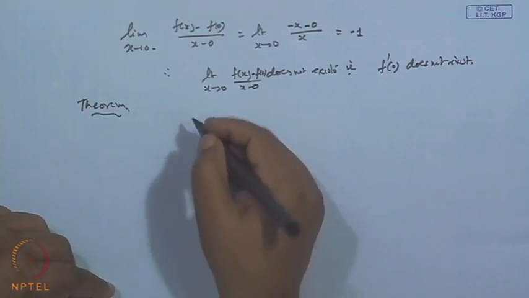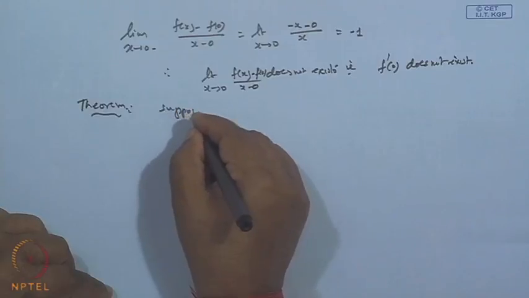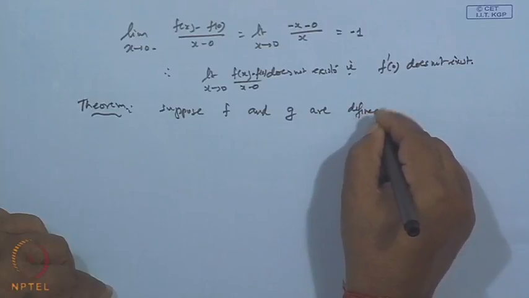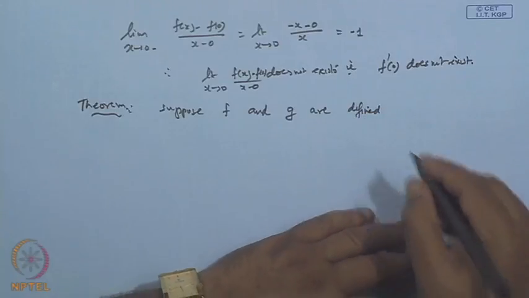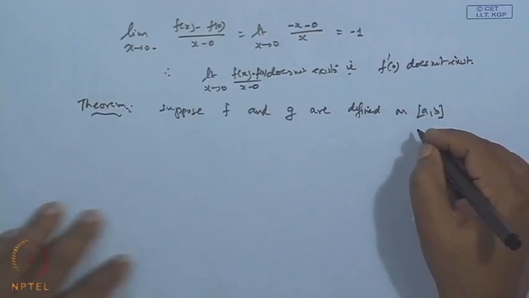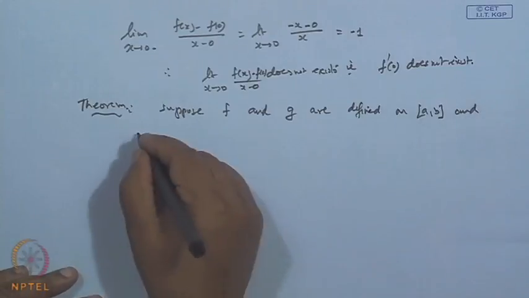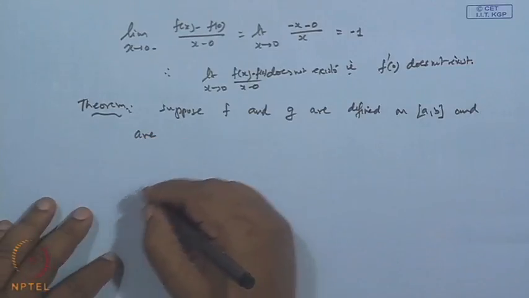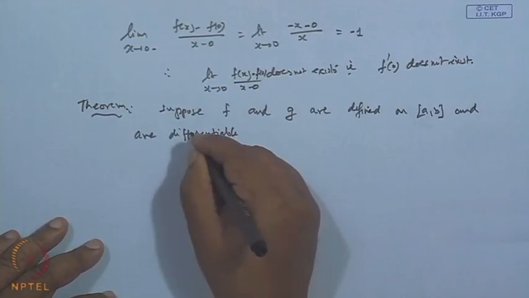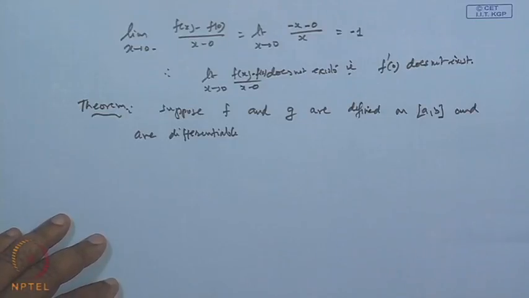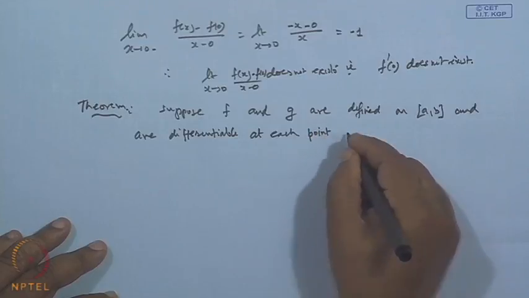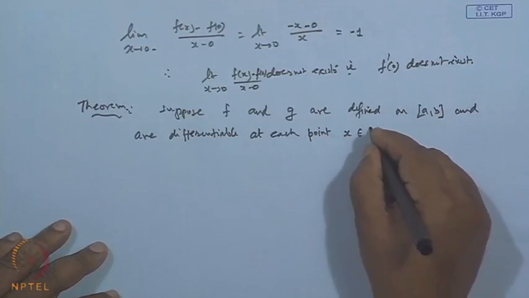Suppose f and g are defined on the closed interval [a, b] and are differentiable at each point x belonging to [a, b].